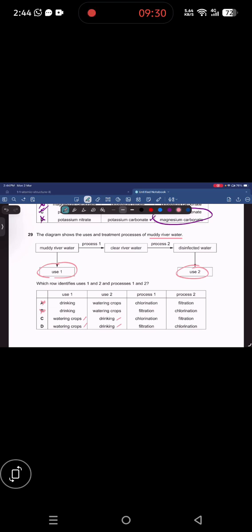The solid particles will be filtered here. Then they go for chlorination for the disinfected water, meaning to remove the germs. So D is the correct answer, which is already given by Ahmed. Very good, Ahmed. Now, next question.